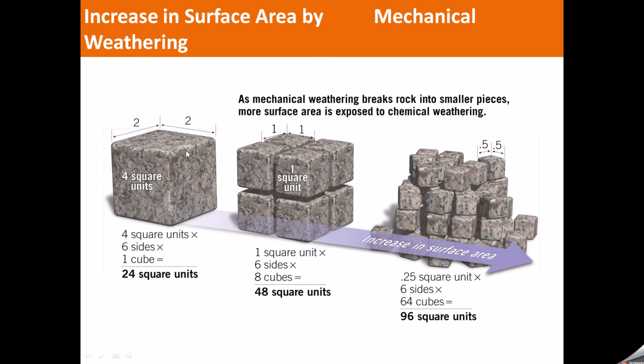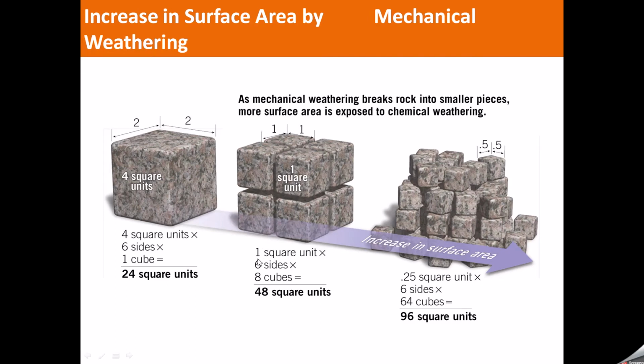This cube has 6 sides, and it has 4 square units for each side. 4 square units times 6 sides gives us 24 square units. This is the surface area. If we break it down into 8 cubes, due to mechanical weathering or physical weathering, each cube has 1 square unit per side.